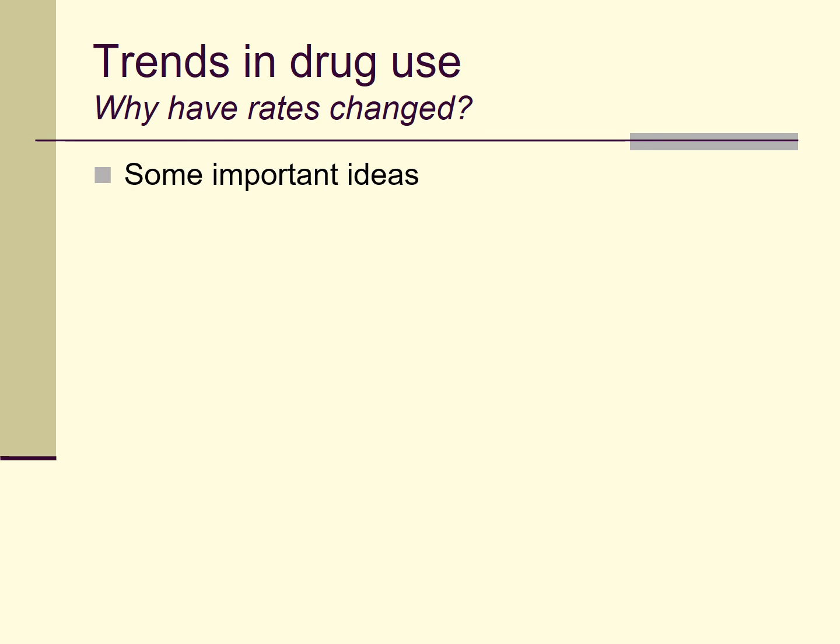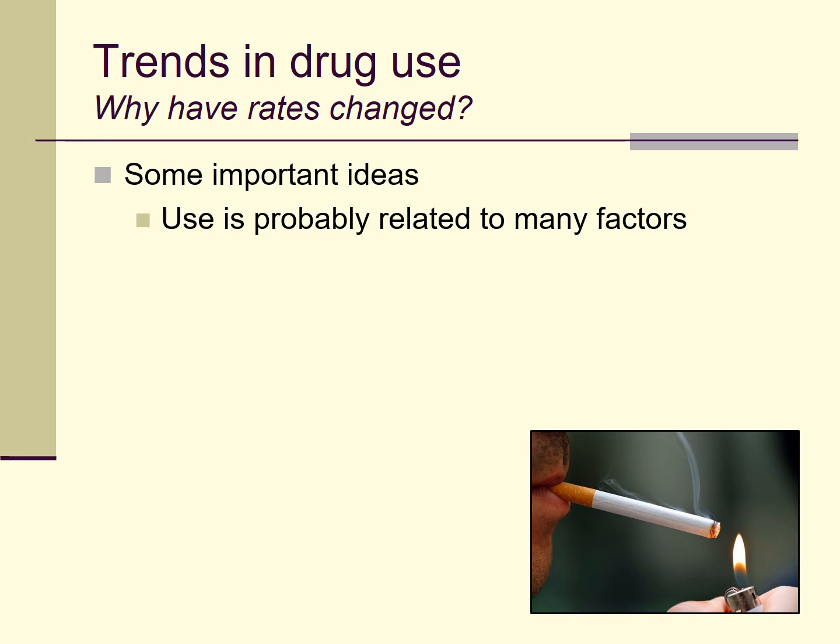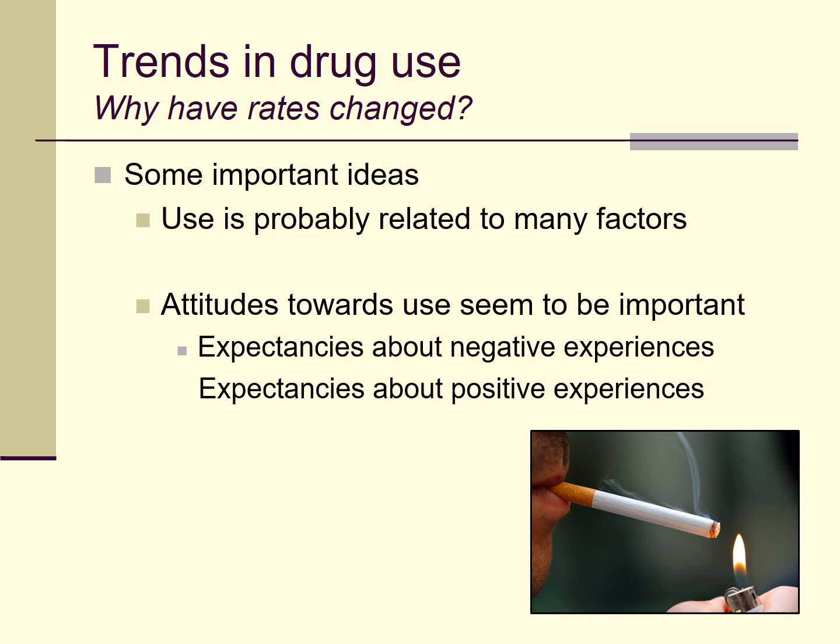Why have rates changed? Use is probably related to many factors. Use of marijuana, use of drugs generally. Things like attitudes towards them seem to be important, especially expectations about negative experiences and expectations about positive experiences. If you think about the example of cigarette smoking, certainly in my lifetime, the attitudes about the riskiness of cigarettes and tobacco generally, but especially cigarettes, have changed a lot.